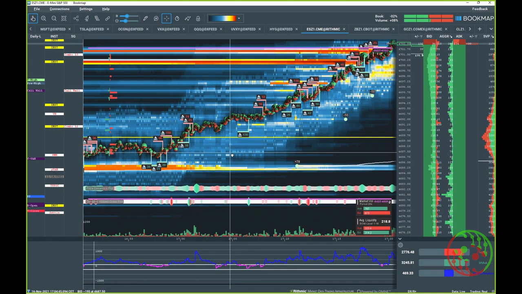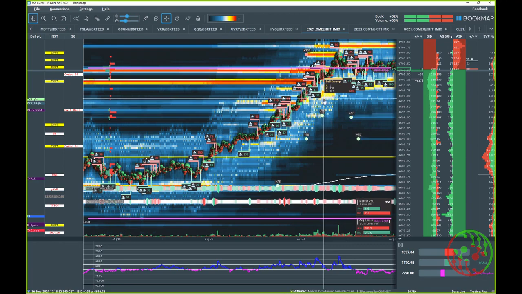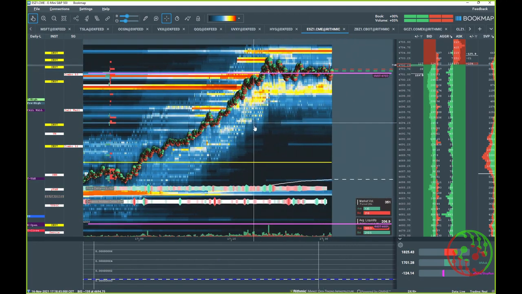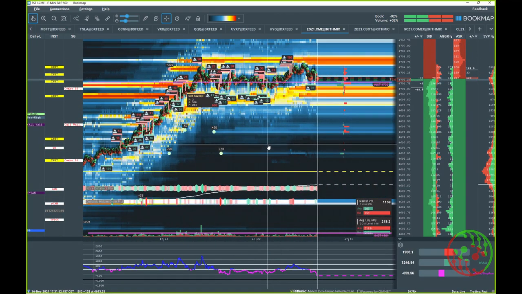I personally don't like to see every dot as an iceberg traded. But the question is as well, we want to make money in this business. And to make money, we want to understand where to go long, where to go short, what our targets are, and how to manage the trade.